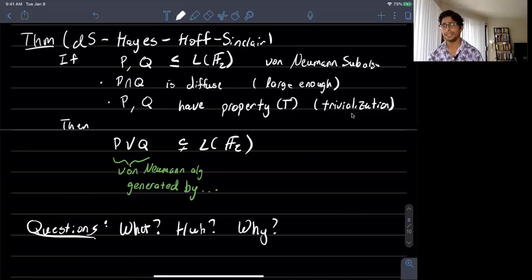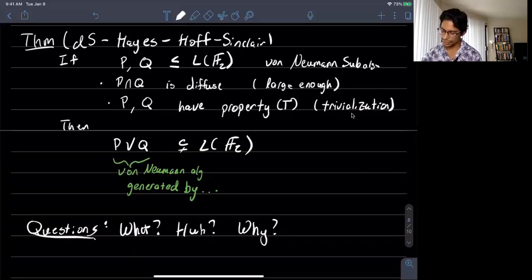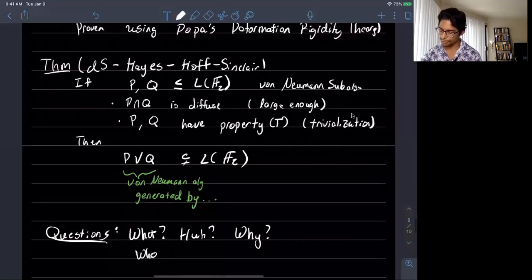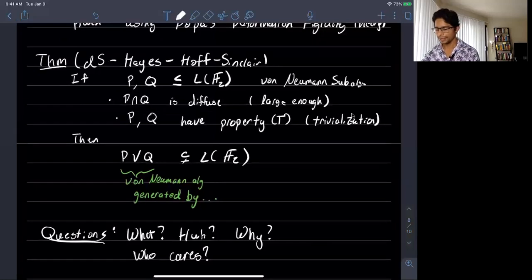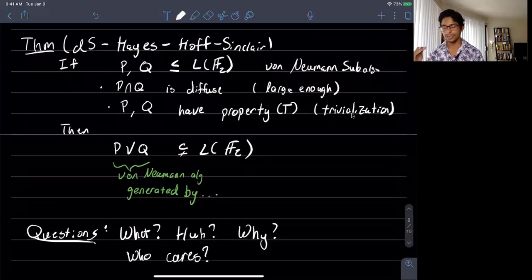Why would someone even conjecture a statement like this to hold in the first place? And finally, I would also like to know who cares? These are all important questions in every aspect of research. How do I clarify this result? How can I make it even more clear? Why is it important? And to whom?